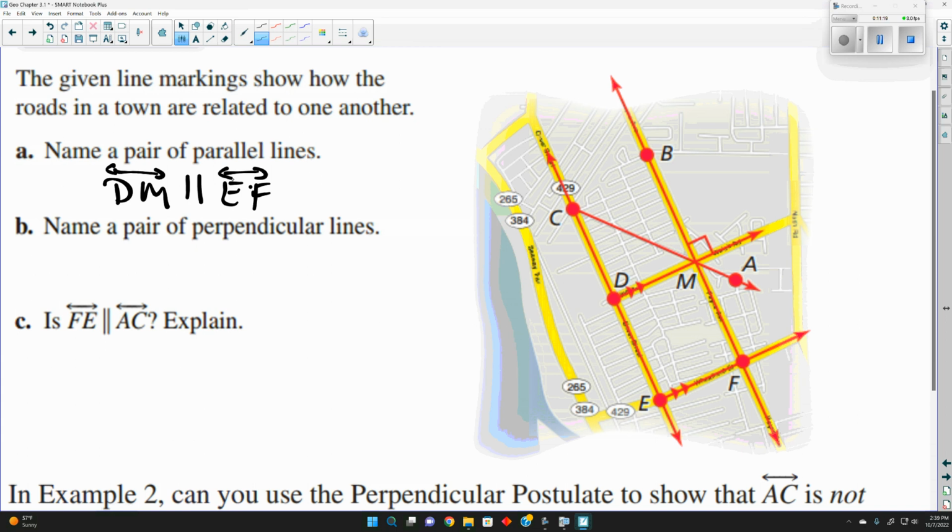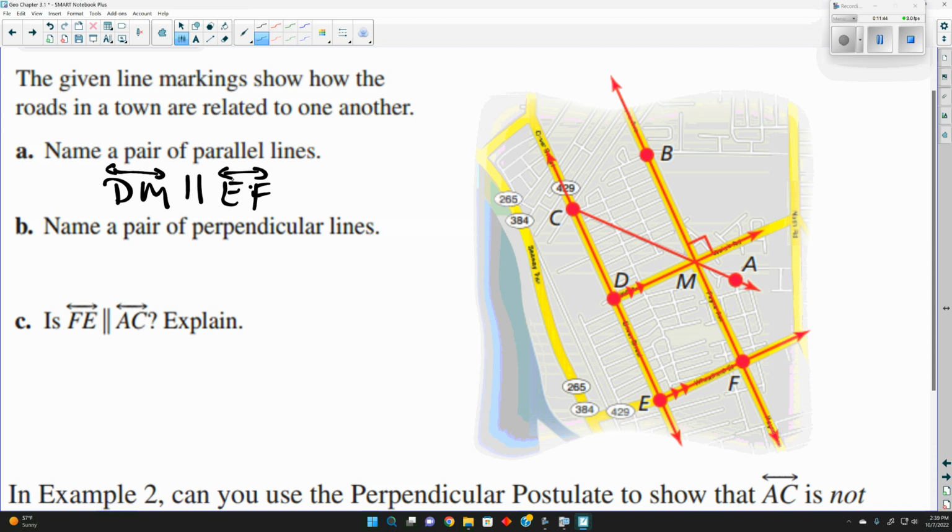Or we could say ray DM and ray EF are parallel. But we're also calling them lines too. Part C, FE.